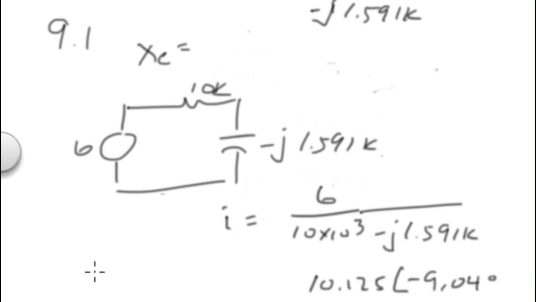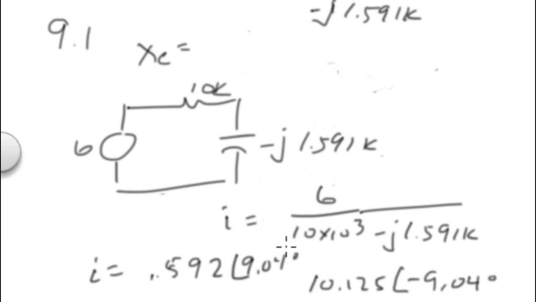So the current then is I equals 6 divided by 10.125, equals 0.592 at angle 9.04 degrees. So that's our current. And then our voltage is just the multiplication of 10K times this, or minus j 1.591 times this. So that's our answer. So that's how we solve this problem.